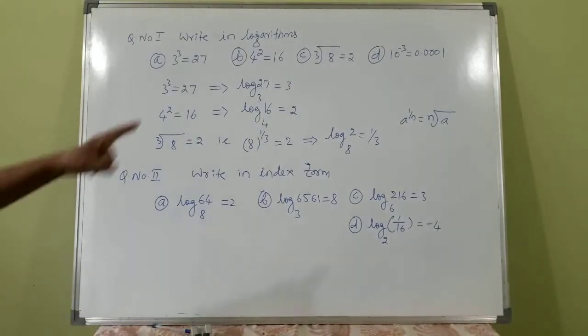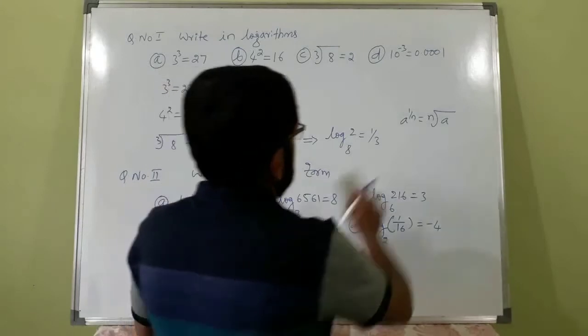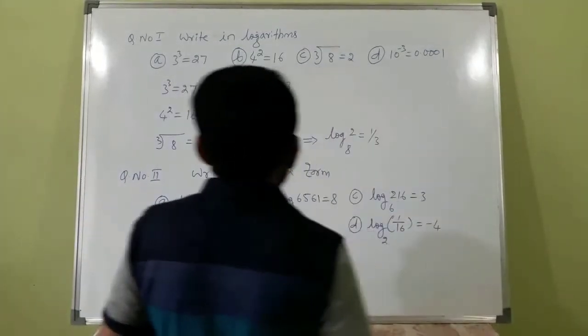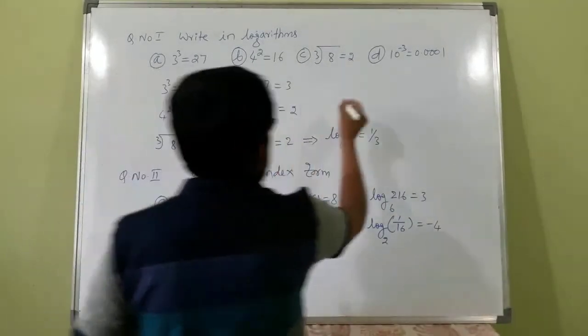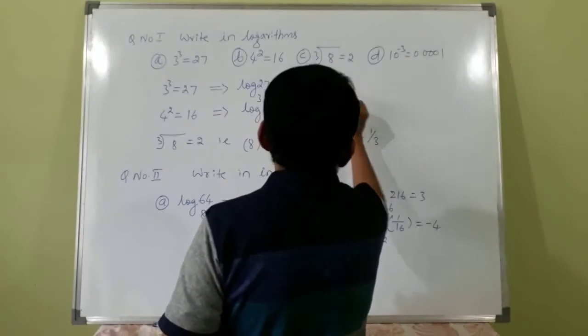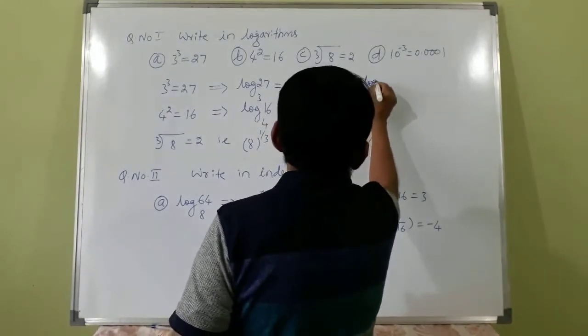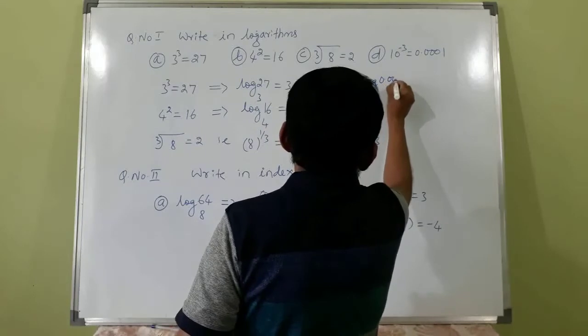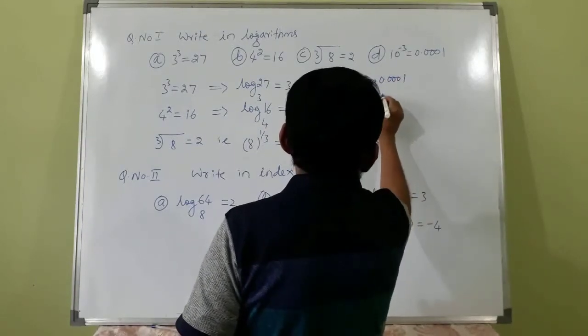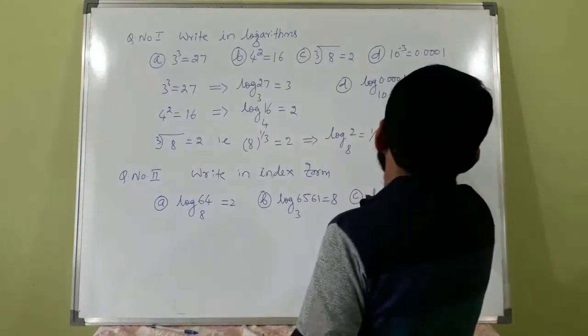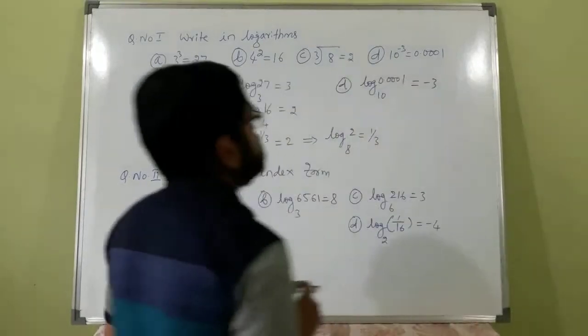Similarly, these are ABCs. D is log of 0.001 to the base 10 is equal to minus 3.